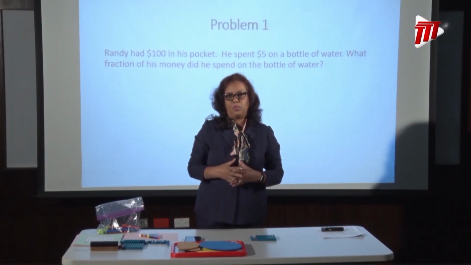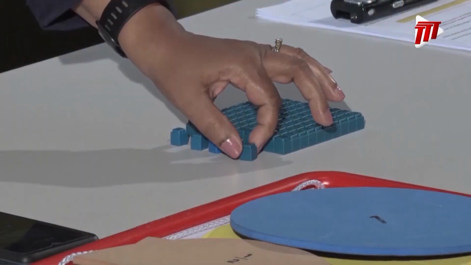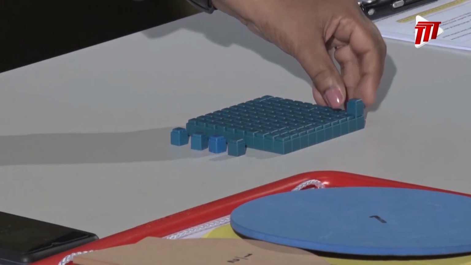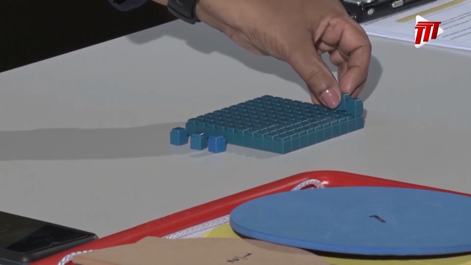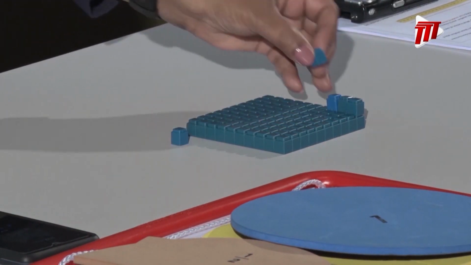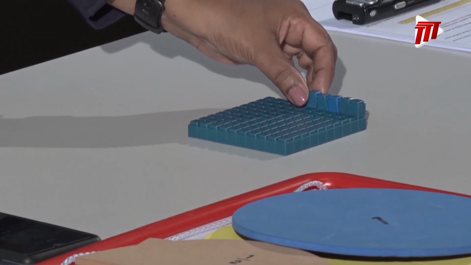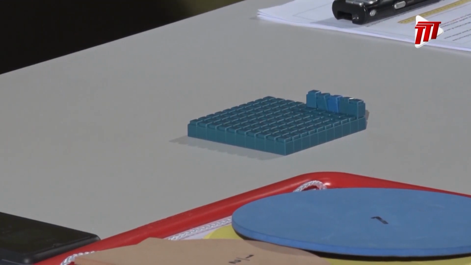So we want to know what fraction of the whole he spent on the water. So I can take these and I can rest it on the flat, and we will see that our fraction is, I hope you can see it clearly, it's 5 out of 100.